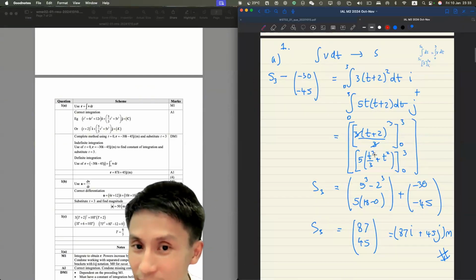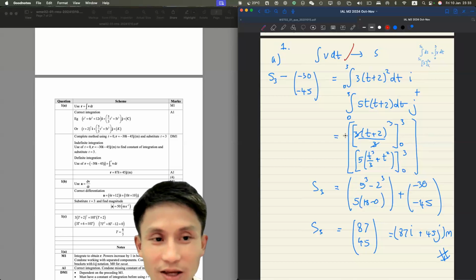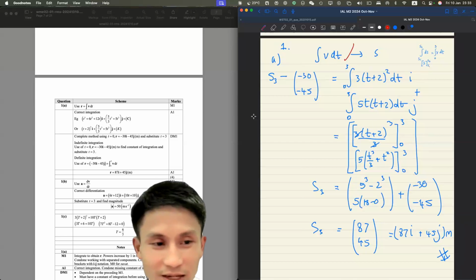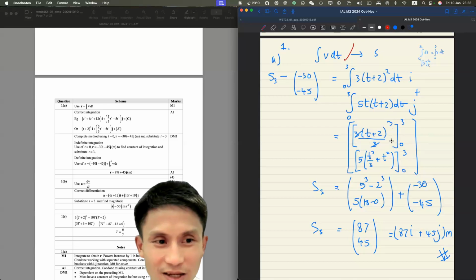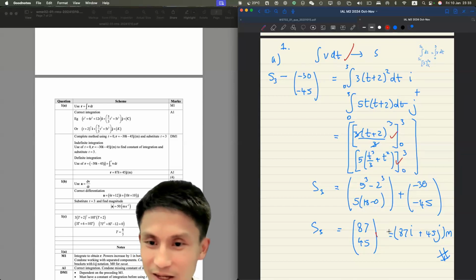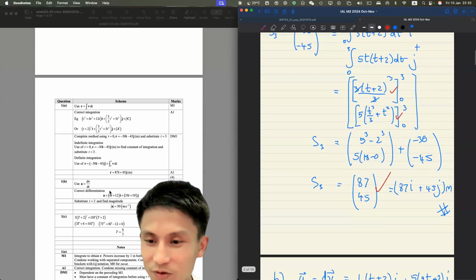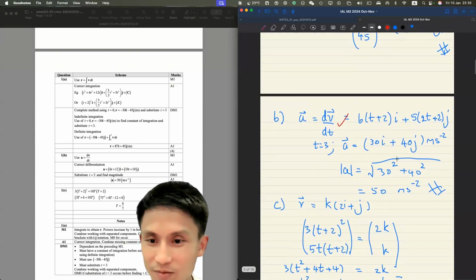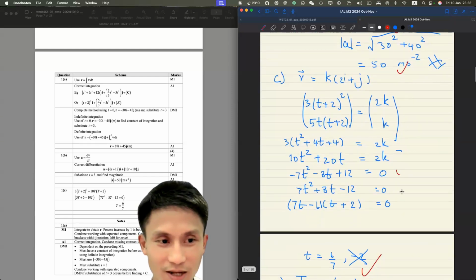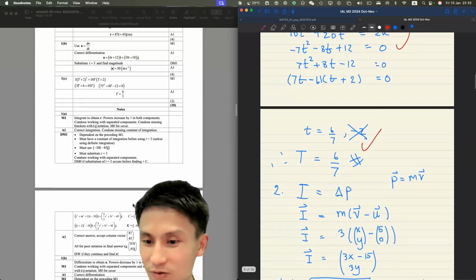So RVD, okay, yeah, that's right. And the second one here, integrating. Yeah, I got it. There you go, 8745. 1B, A is dV by dt, acceleration 50. And then the time there, 6 over 7.